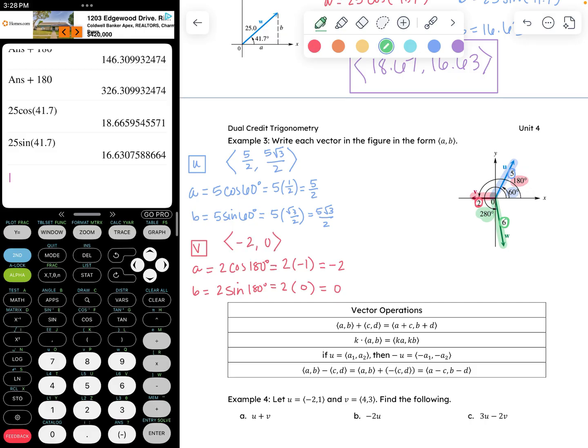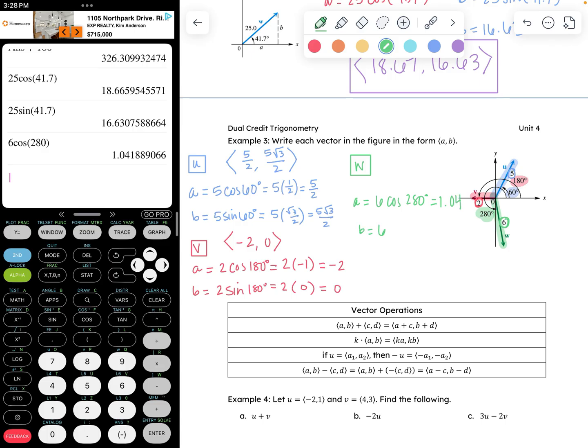Then let's look at W. If I'm looking at W, A is going to be, my magnitude this time is 6 times the cosine of 280 degrees. And this is where we're no longer on the unit circle, so I'm going to use my calculator. So 6 times the cosine of 280 degrees gets me 1.04.